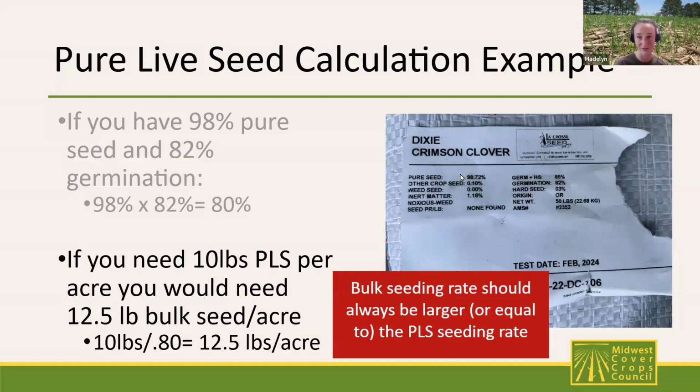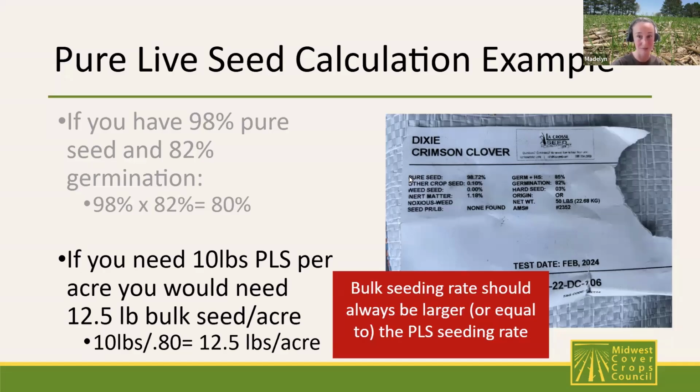I'm not a huge fan of doing math. I don't love it. Not my go-to. And so these calculations can seem tricky. The thing that I like to remember is that you're always going to have a larger bulk seeding rate than your pure live seeding rate.